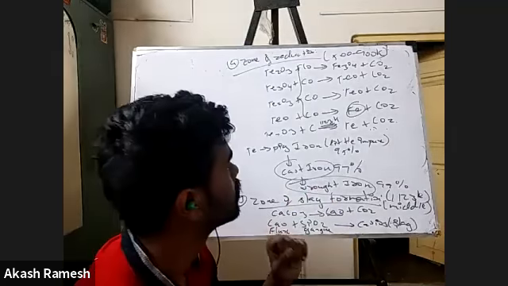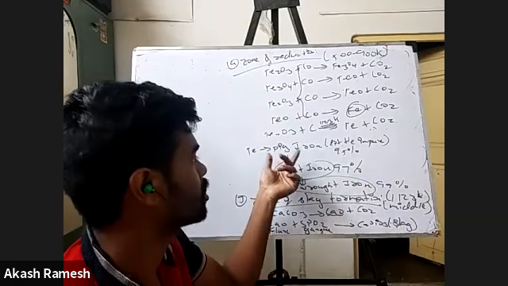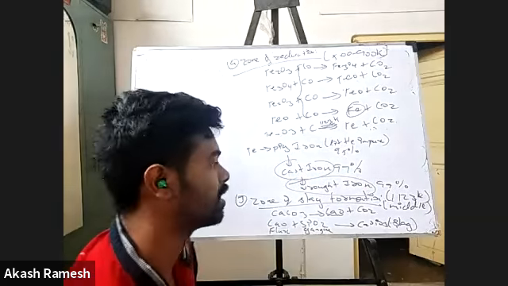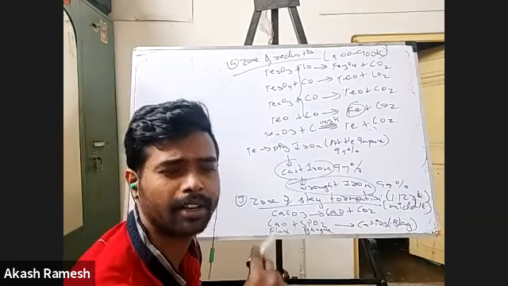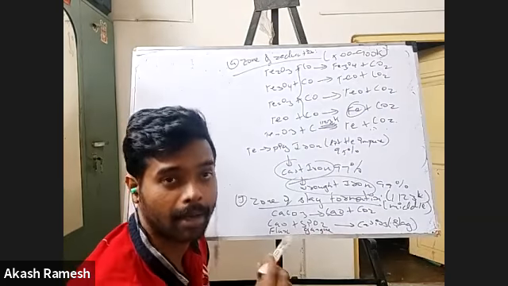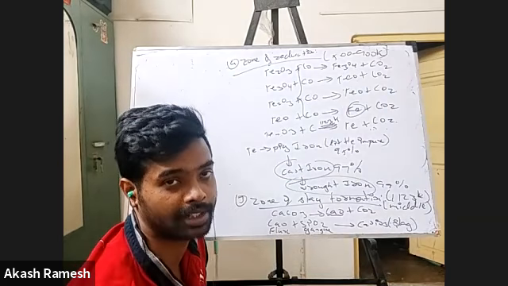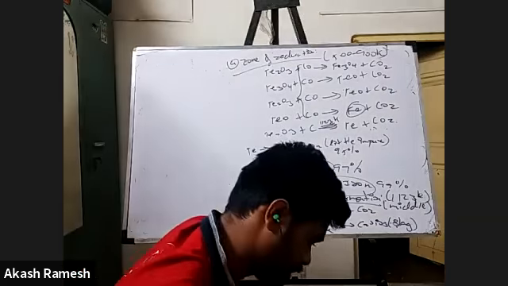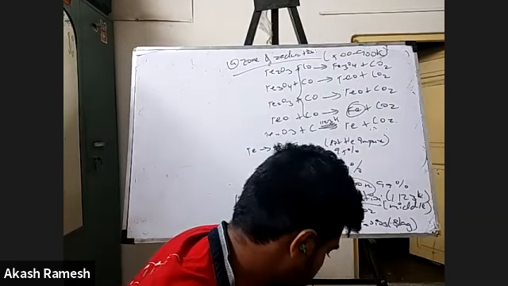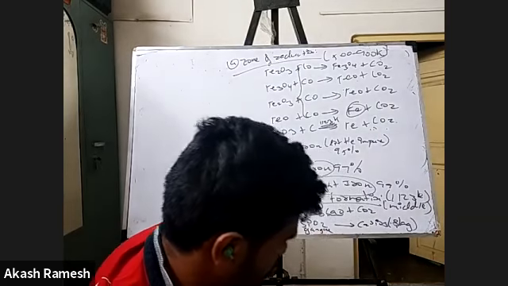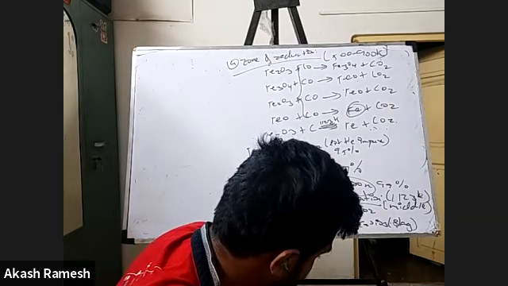Okay, right? So from the blast furnace, what you get is pig iron. It can be converted to cast iron and then to wrought iron. It's just different varieties of the same iron, but having different purity percentages. Okay, right? So this is what I wanted to tell you about the blast furnace.